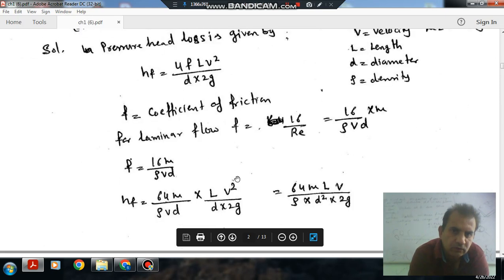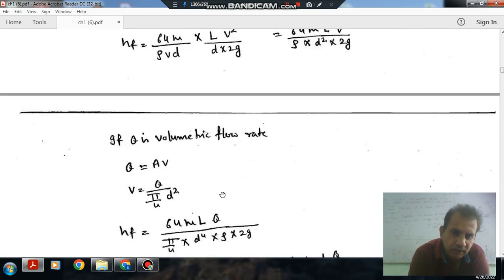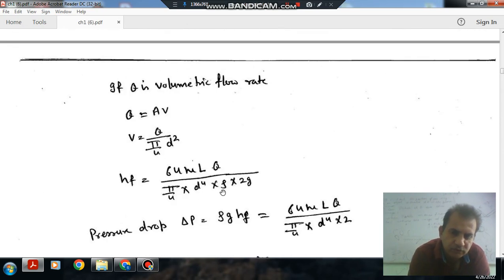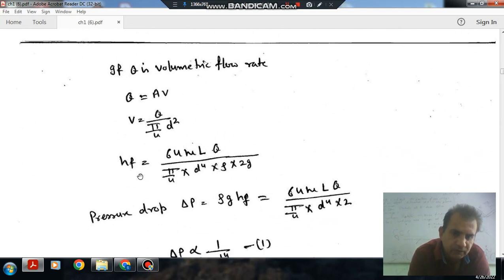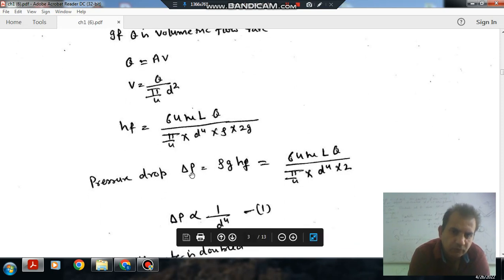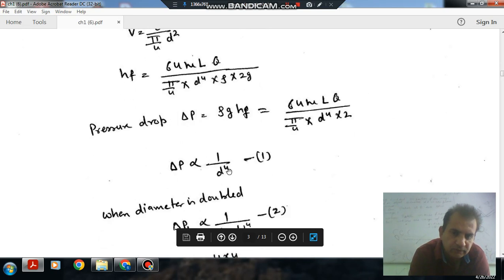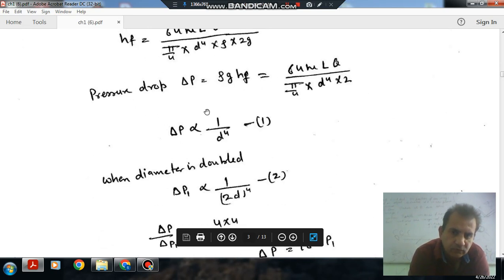Now it is given that for a constant volumetric flow rate, Q is constant and the fluid is also the same. Rho is constant, g is constant, L is constant, and the fluid is the same, that's why mu is the same. So hf is proportional to 1 by D to the power 4, and pressure drop is rho g hf, so pressure drop is also directly proportional to 1 by D to the power 4.